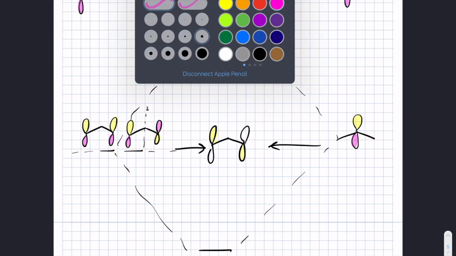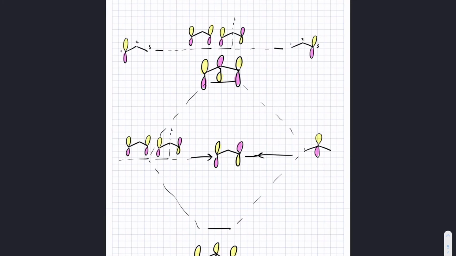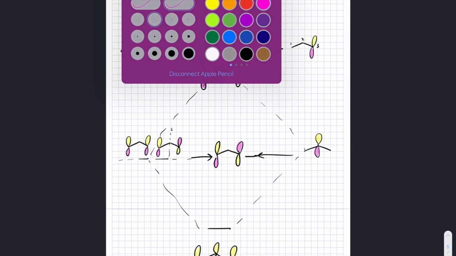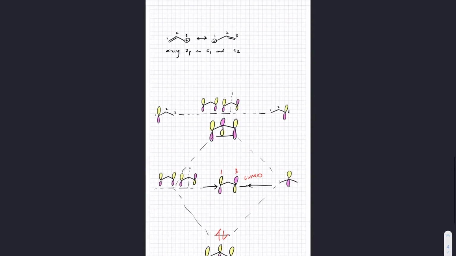And then you have your 3 pi orbitals. Depending on whether this is allyl anion, cation, or radical, you can determine what the HOMO or the LUMO is. If it's allyl cation, the LUMO is that empty orbital on atoms 1 and 3, which is exactly what resonance tells you. All right?